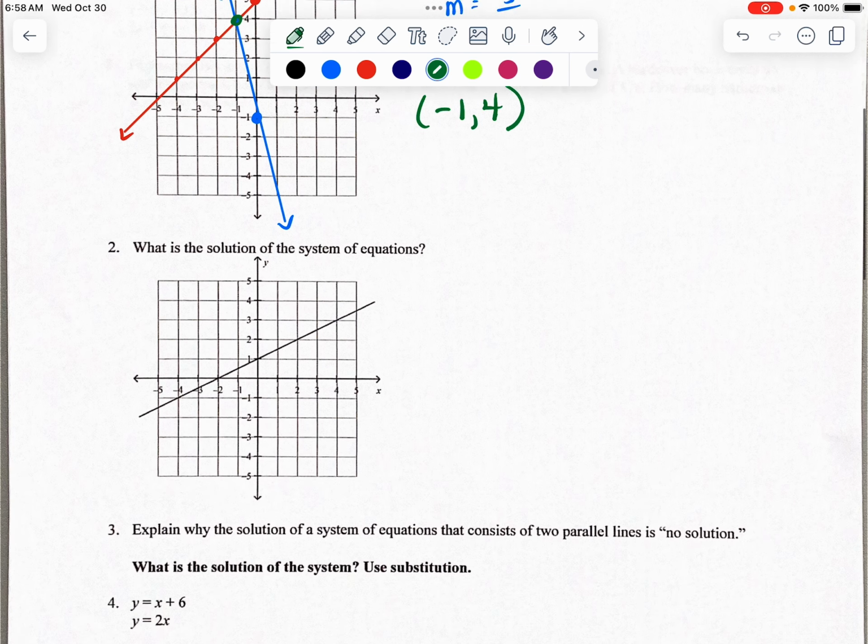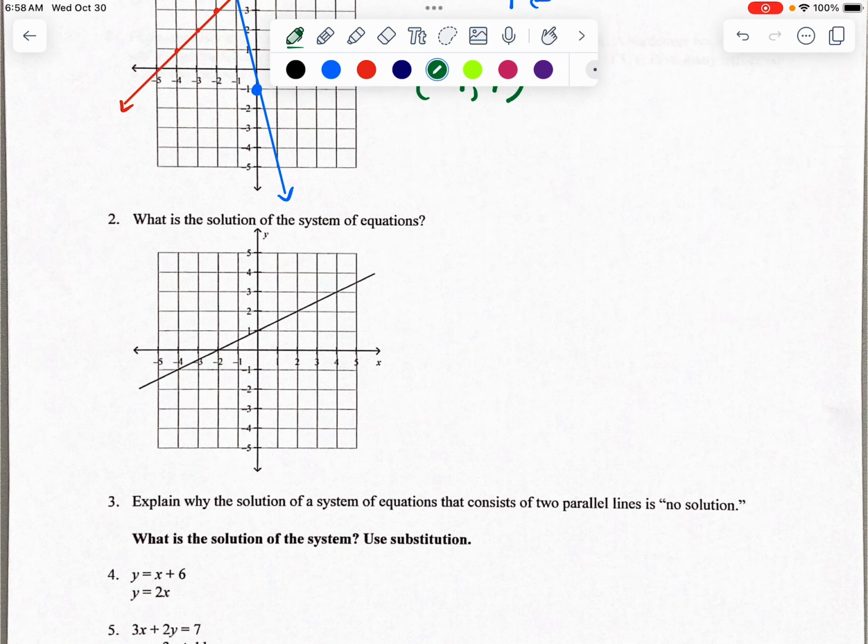All right, number 2 and 3. Remember, there were a couple of special ones. Number 2, it says, what is the solution of the system of equations? Well, it's looking like there's only one line, and we know we have to have 2. This is the one where it's one line on top of the other. Like if we looked at the graph of it and at the equations, this one would be infinitely many solutions.